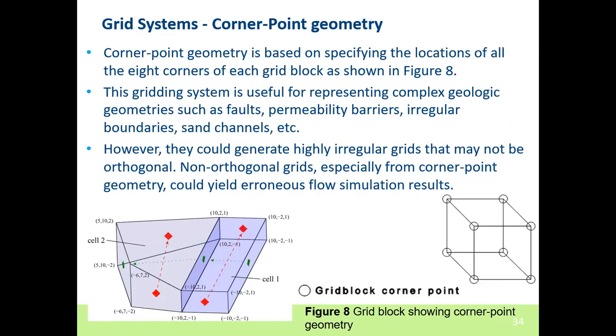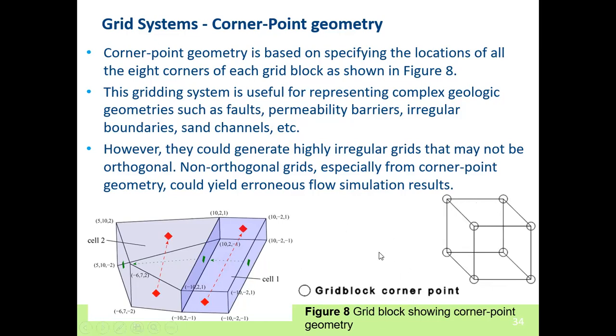Apart from the Cartesian grid and the radial grid model, you could also use a corner point geometry, and this requires specifying the locations at the 8 corners of the grid. So you see, this is based on the regular cube system, and then the coordinates at each point will be specified. This gridding system is useful for representing complex geological geometry such as faults, permeability barriers, irregular boundaries, and sand channels.